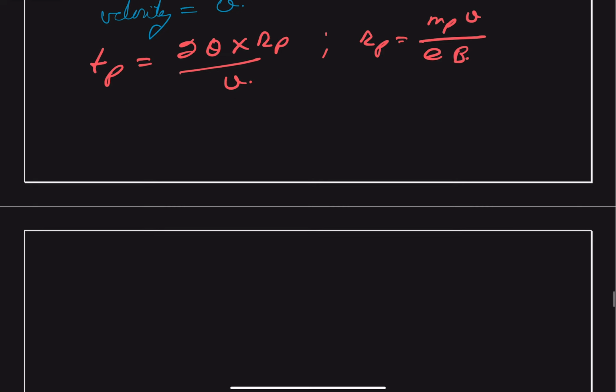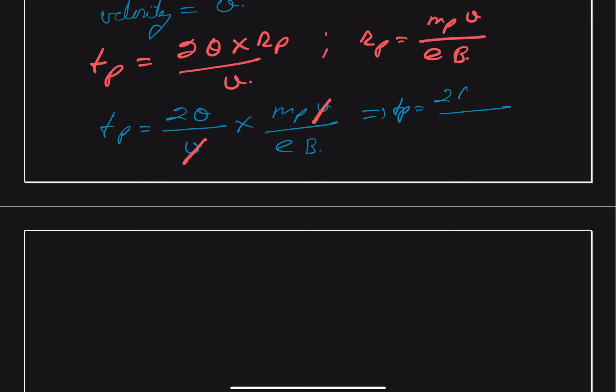Therefore, we can write the time equation as 2 theta divided by v multiplied by m_p v divided by e B. And here v cancels with v, and this gives us that the time for the proton is 2 theta multiplied by the mass of proton, divided by the charge and the given magnetic field.